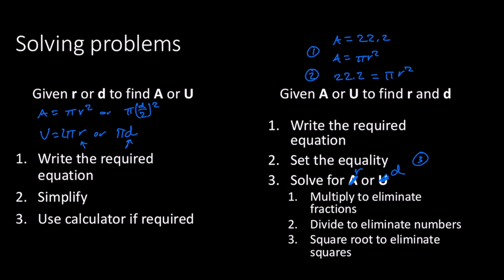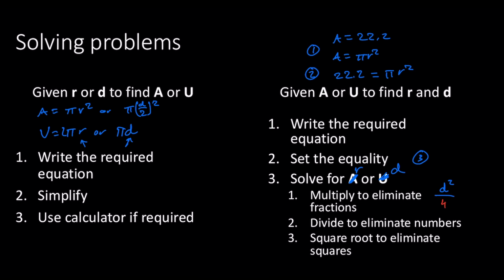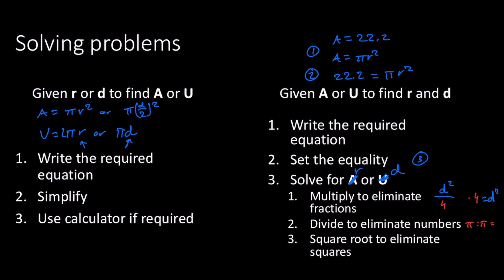If you want to get rid of the 4 here, you multiply. If you want to get rid of a whole number, like pi, you divide by pi, and you get 1.